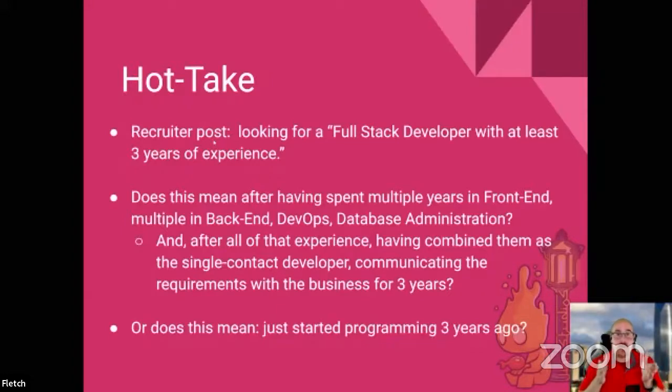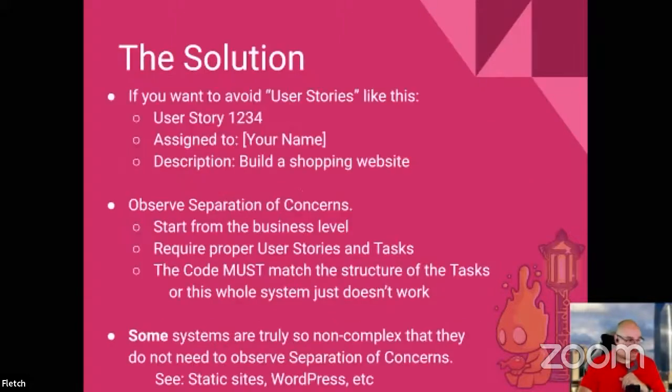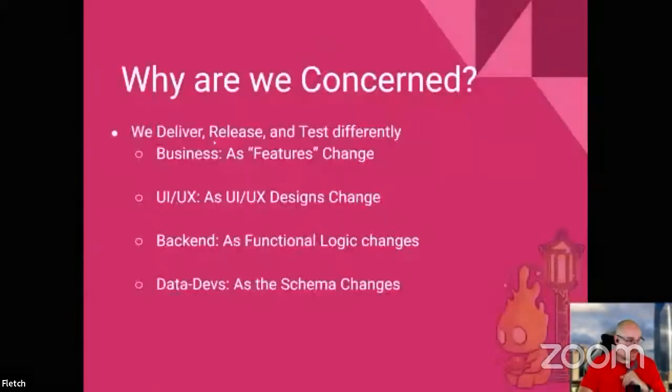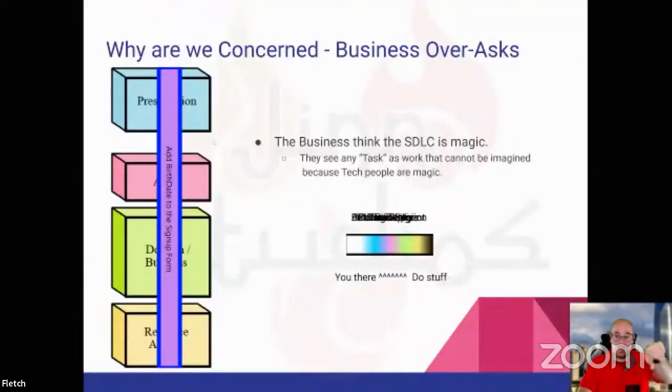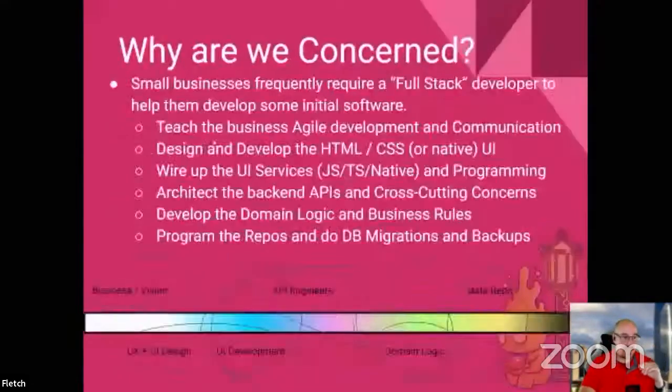So a lot of you watching this may be full stack developers, but don't fall into, I don't remember where that thing was, that thing where you're that whole gradient, and don't set the precedent for the company that you're going to do all the stuff for them.